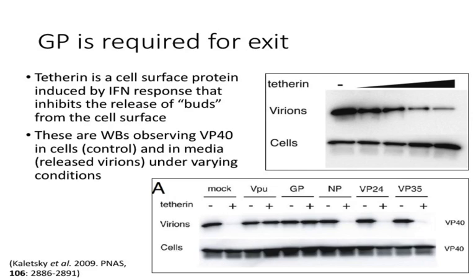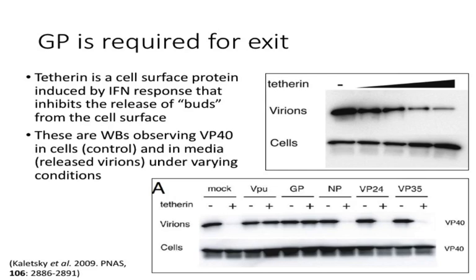Down here, what they take a look at are the proteins that are necessary for this. So again, they're looking for VP40, and they've basically created a number of different conditions in which they have a virus that's defective in one or more proteins, and then they're complementing these proteins back in. So for example, mock without tetherin, virus is able to escape.